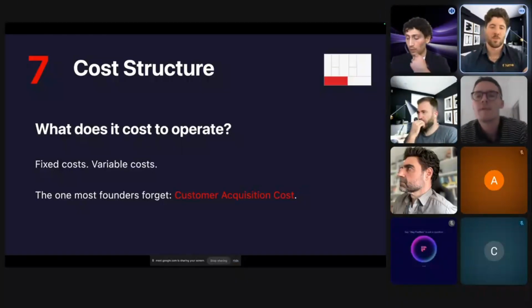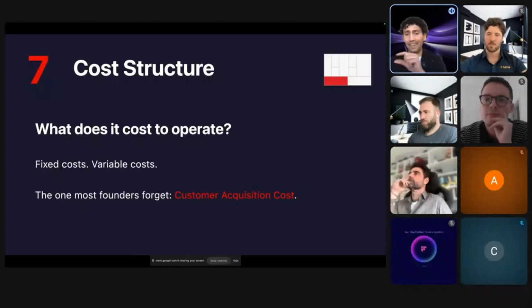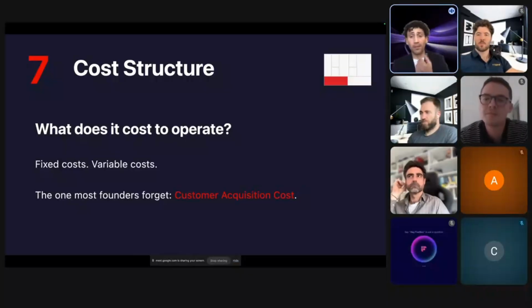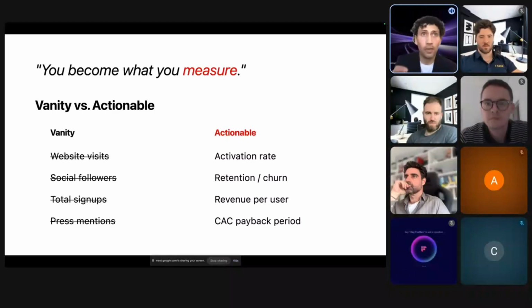Yeah. And I want to be clear: customer acquisition cost is not a line in your balance sheet or income statement, but a definition. It's a number that you need to calculate and show to your investors, because they want to see the CAC, or the CAC payback period, or the CAC over the LTV.